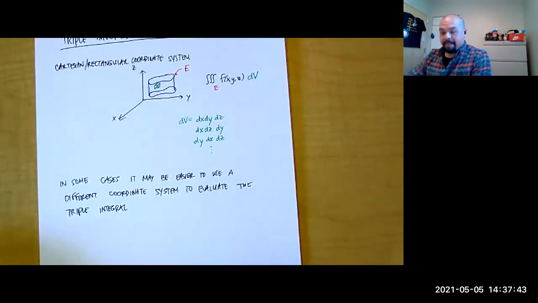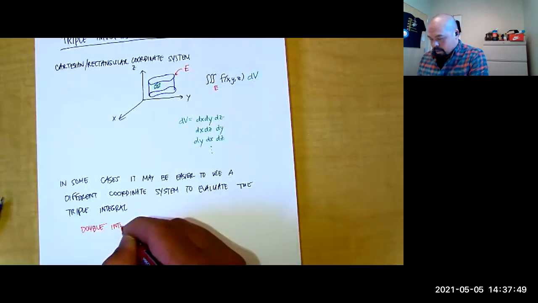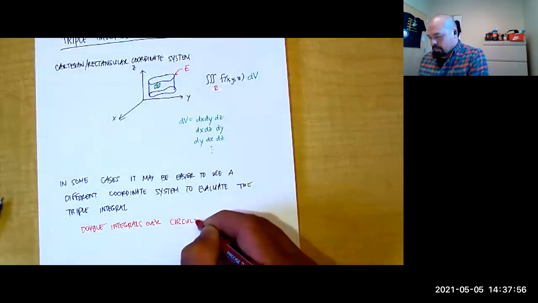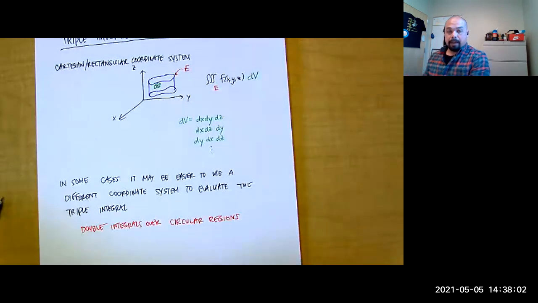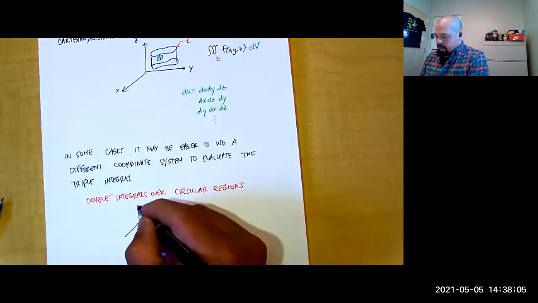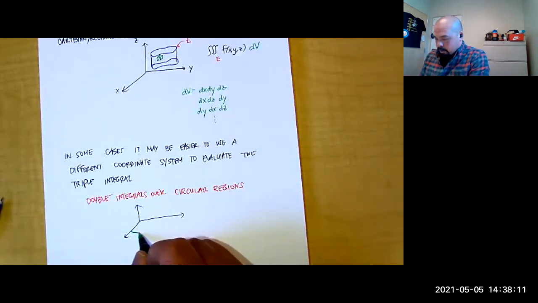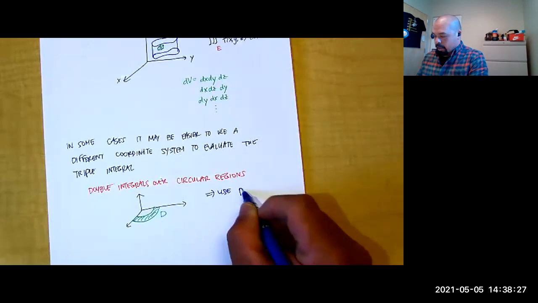And thinking back with our double integrals over those circular regions, circular domains, we had talked about the case when perhaps our region over which we are integrating is that kind of circular band, or it could be a full circle, and so on. We talked about using polar coordinates.